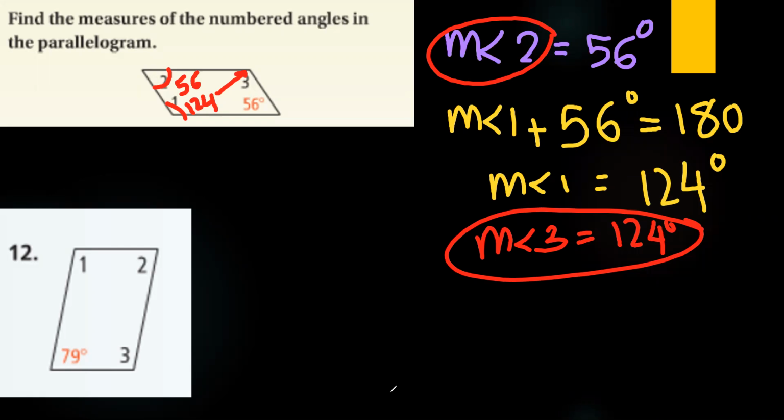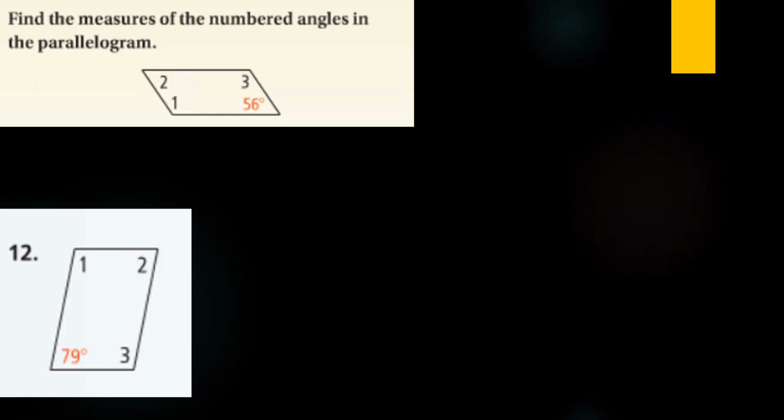Now, number 12. What is the measure of angle 2? 79. Bravo. So if this is here, it will be 79. Now, what is the measure of angle 3?